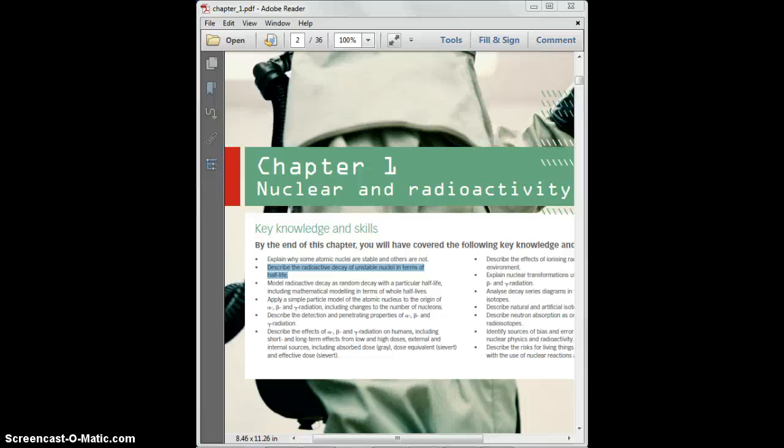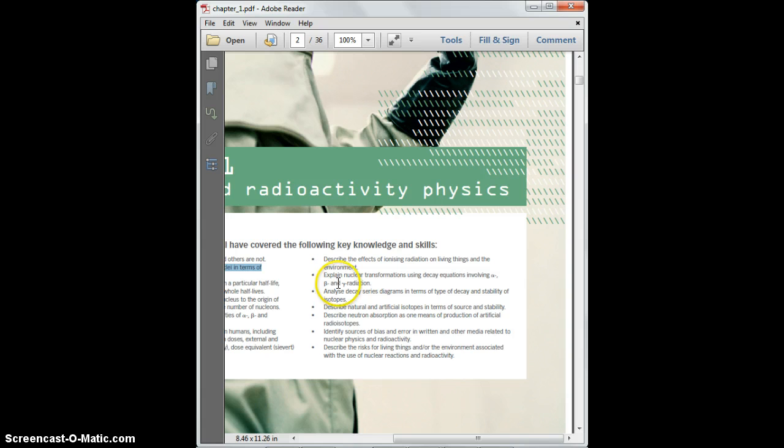Now into question 2, which is about half-life again. So it's all about dot point 2. Okay. So 2A is worth 2 marks and is dot point 2. 2B is about, here we go, this dot point here, alpha, beta, and gamma radiation.